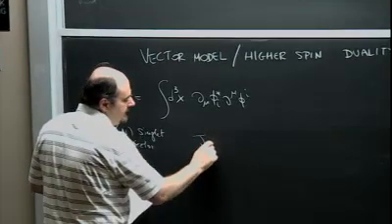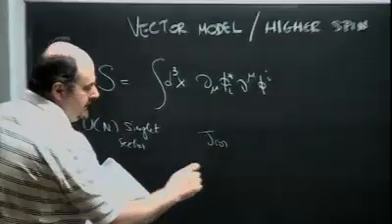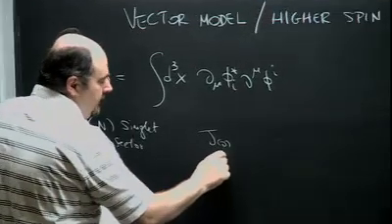There is a scalar operator which I denote as J0, which is just phi squared.